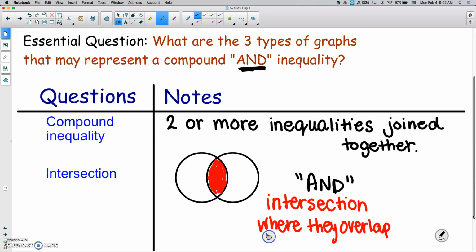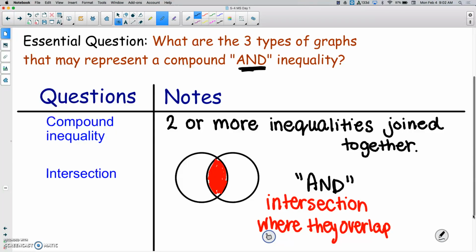The significance of the word and is that and represents an intersection of two sets or an overlap. So we're going to be looking at two inequalities and then looking for where they overlap with each other.